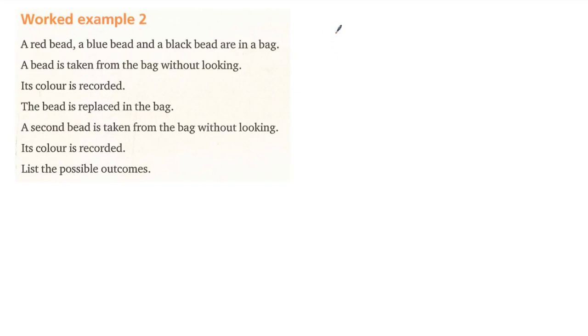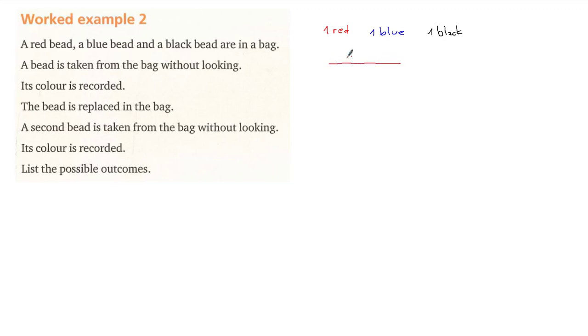All right, so we have one red, one blue, and one black bead. So in total we have 3 beads. Let us see what our outcome for the first bead is. Well, the first bead can be either red, blue, or black.